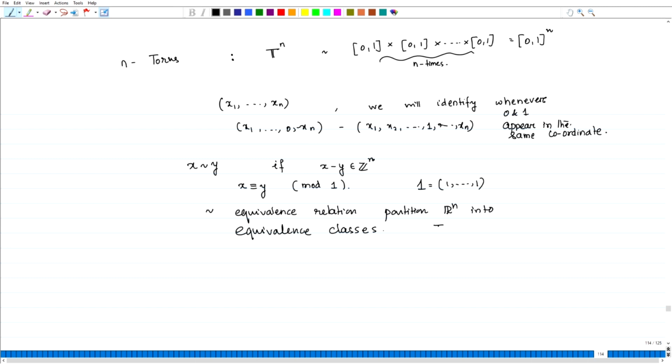So, now we denote this as T n, which is identified with R n quotiented by Z n. In the case of n equal to 1, what we have seen is the circle.